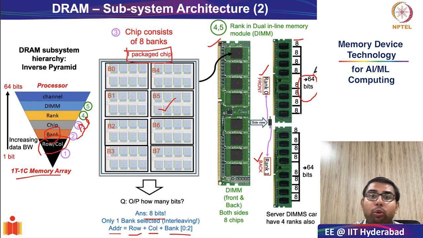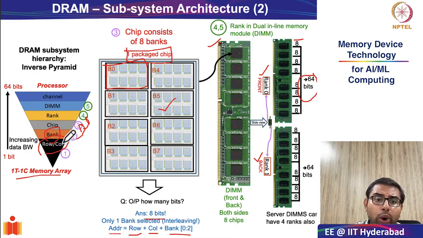So let me recap what we just studied. Remember, the output from one row or column or one memory array was just 1 bit. A bank, which I'm showing in this image, consisted of 8 such memory arrays. Since 1 bit was coming out from each memory array, one bank would give you 8 bits or 1 byte of data. Now, a chip consists of 8 banks. However, only one bank is active in one operation cycle.